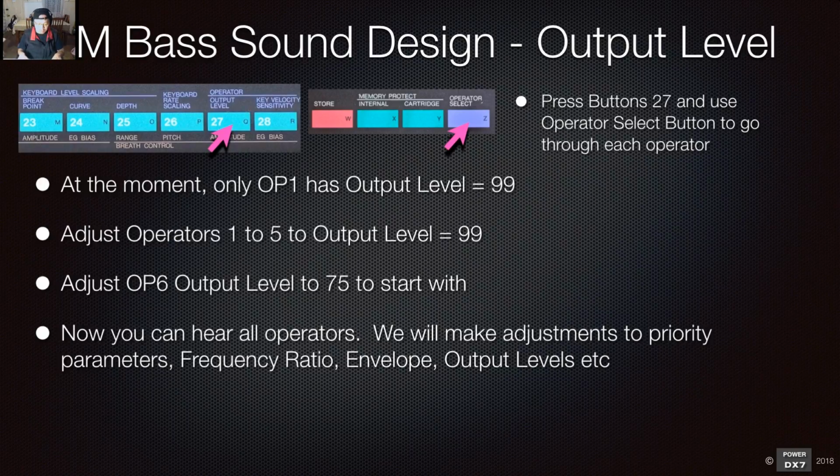So now, once it's done, let's just press a key. So that's the sound you hear. You can hear that it's a sawtooth wave, and what you need to do is change the ratio to make it a square wave, and we're going to adjust the envelope and so forth.